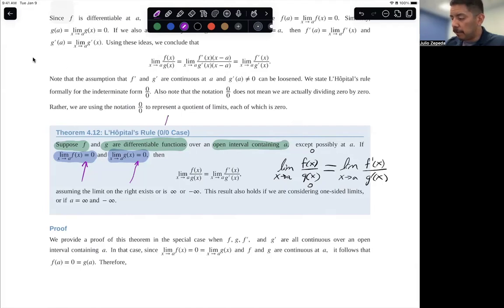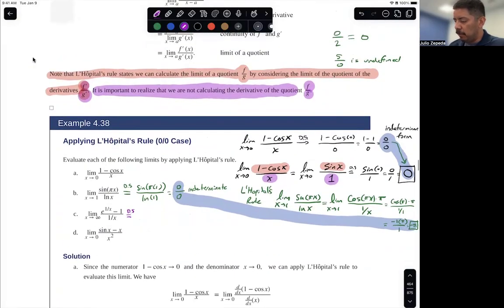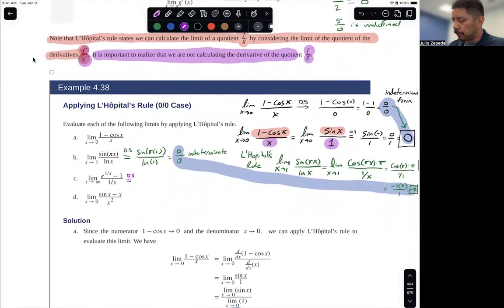Okay, and that's for what's called the 0 over 0 case. So we first have to verify that through direct substitution. If that is the case, 0 over 0, then we can use L'Hopital's rule to take the derivative of the top and the bottom, and then take the limit of that new quotient.